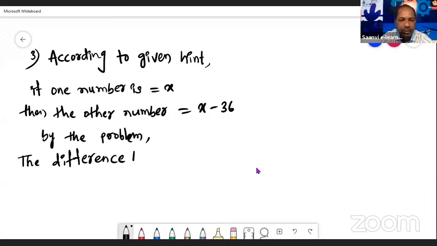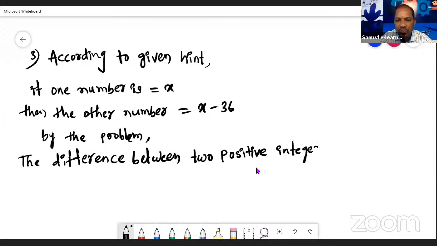The difference between two positive integers is equal to how much? 36.